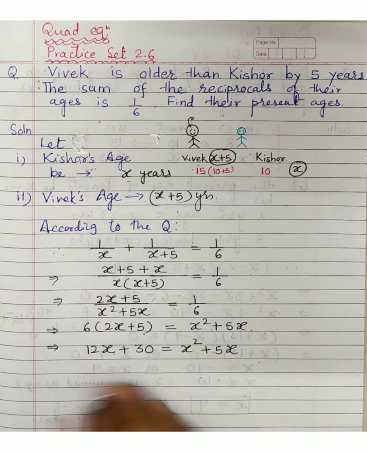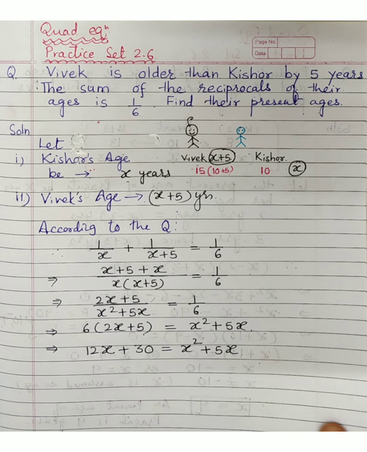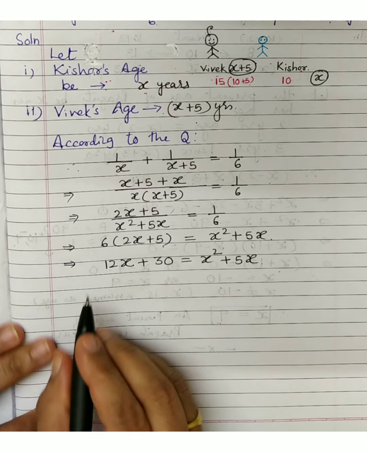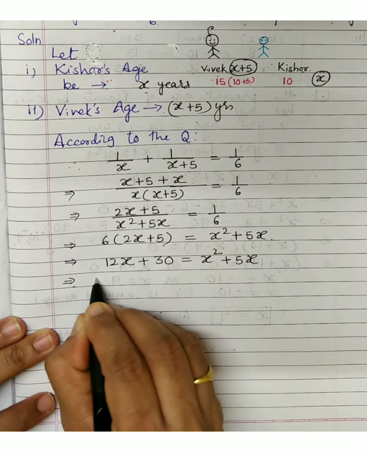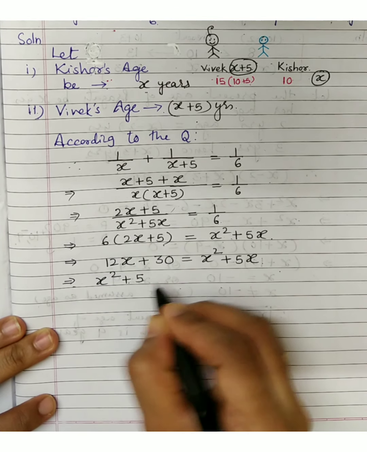Now we need to write it into the standard form and we want x square positive. So one more simplifying step is what? Exchange the terms. You may understand why I have done this. In exam we have already so many things going on in our mind.